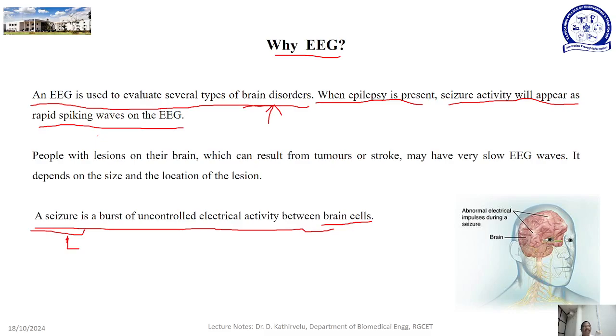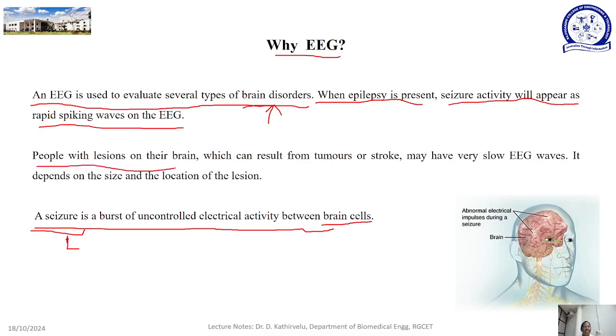There will be normal communication between the brain cells. Whenever there is an abnormality in the brain, there is a possibility of occurrence of seizure, which will lead to uncontrolled electrical activity between the brain cells.